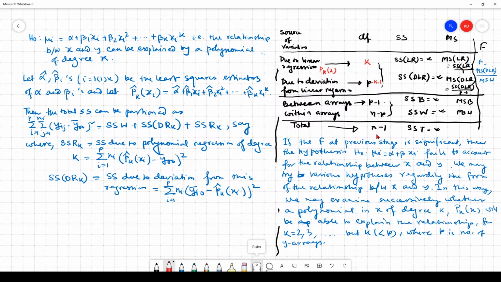So these are the same thing, and this should be SS due to regression RK, and this should be DRK.